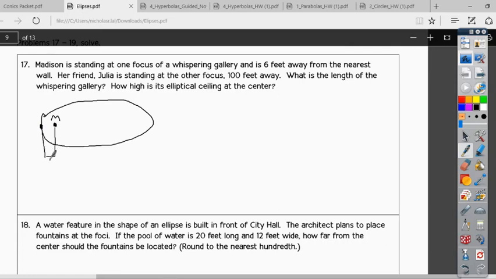That distance is 6. Julia is 100 feet away, and then that's going to be another 6 units away from here.